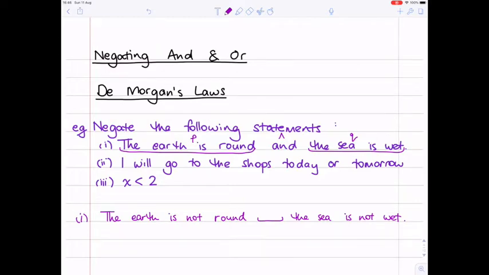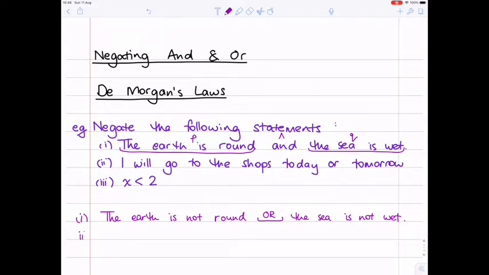So we want this sentence to mean not the case that the earth is round and the sea is wet. So if we want it to be not that the earth is round and the sea is wet, it means that one of them needs to not be true. So we need to have that the earth is not round or the sea is not wet, because that will give us the negation.